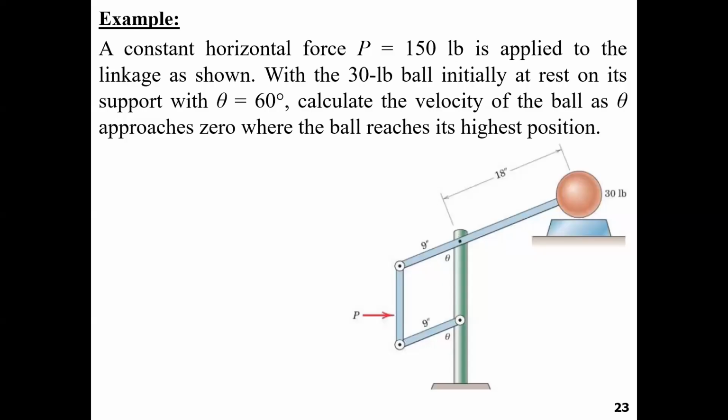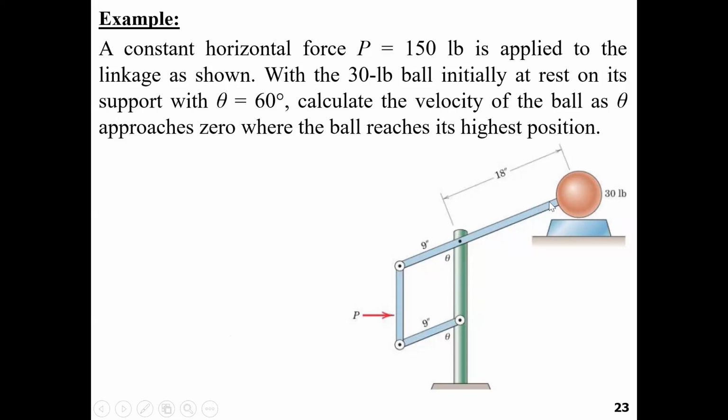I'm going to do this one. You have a horizontal force that is also constant. The magnitude is given, 150 pounds, applied to this system. This ball has a 30-pound weight and rests here when theta is 60.